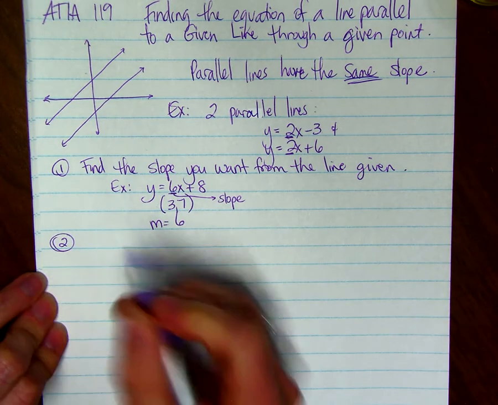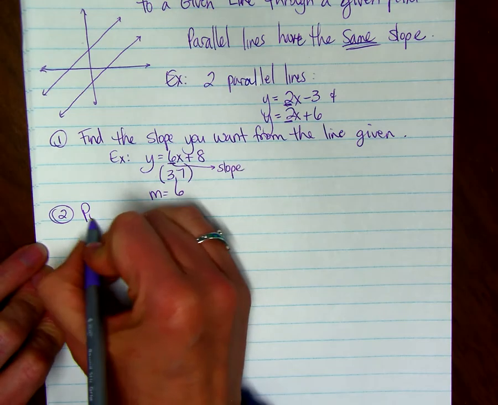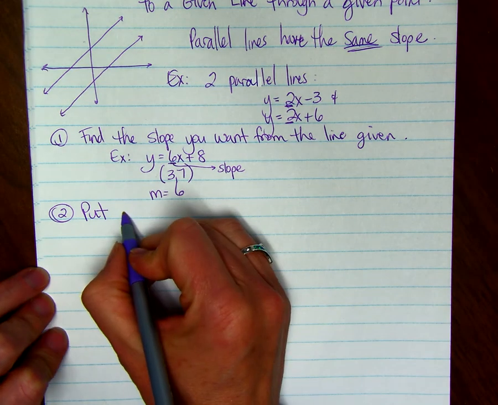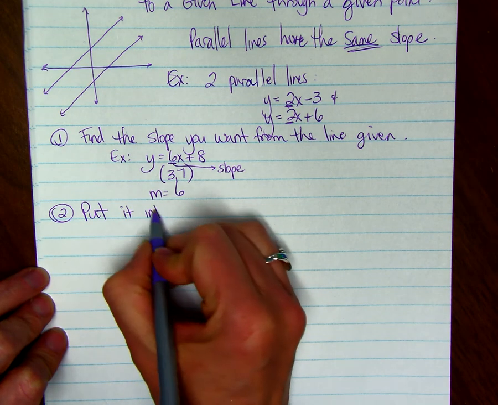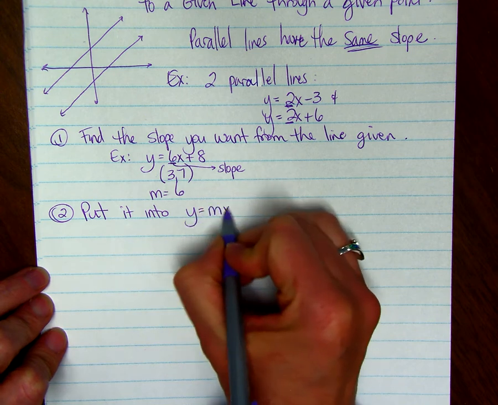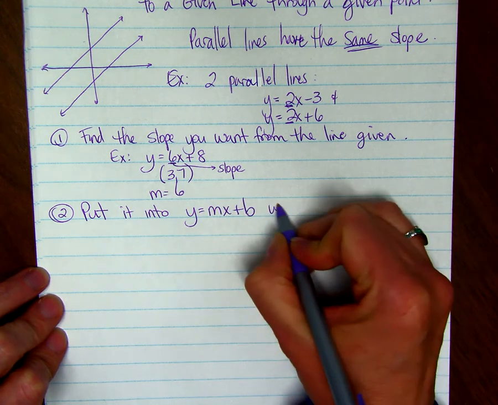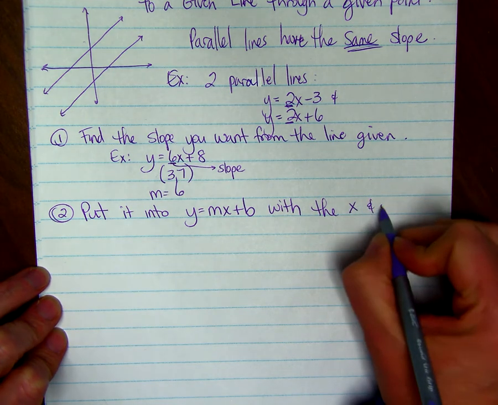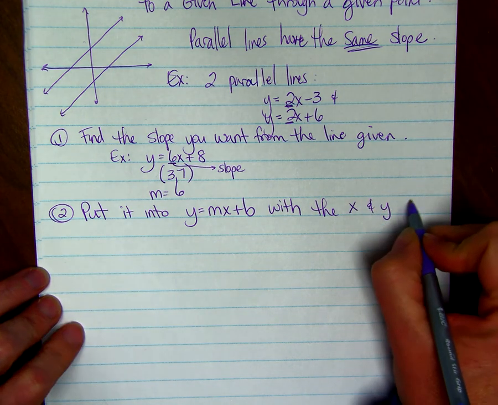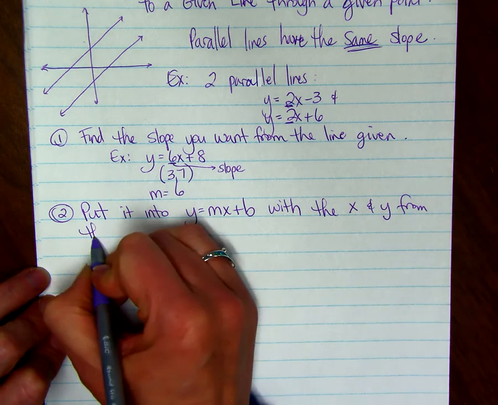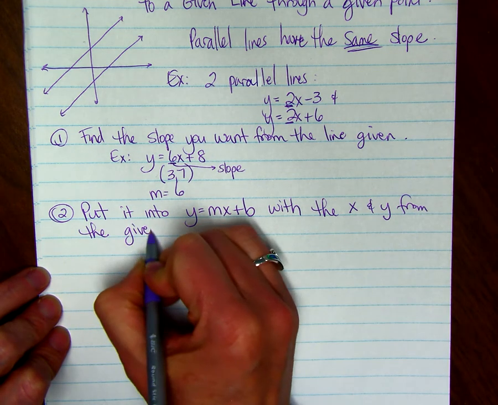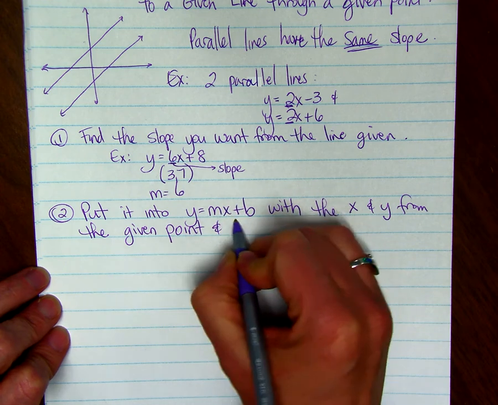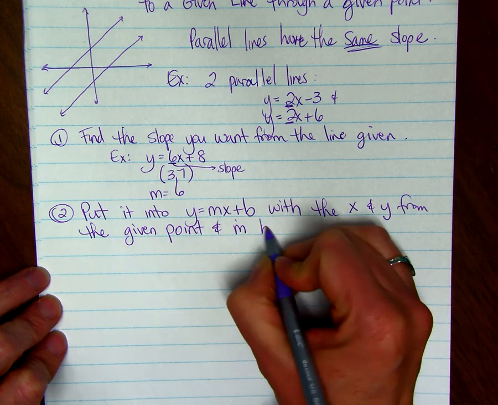Then, number 2, we're going to put that into y equals mx plus b with the x and y from the given point, and m being the slope.